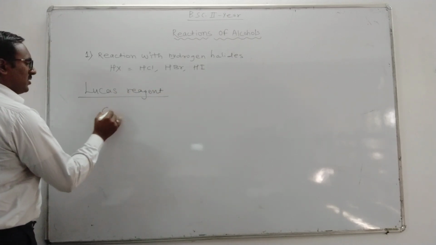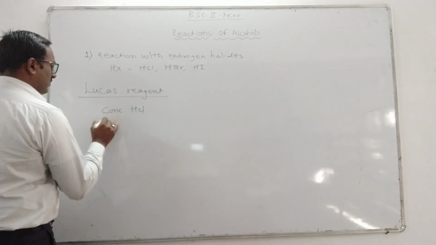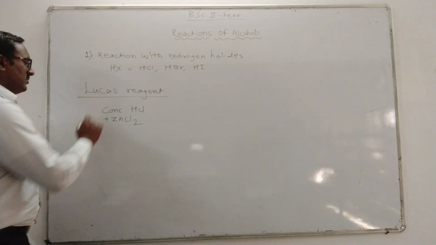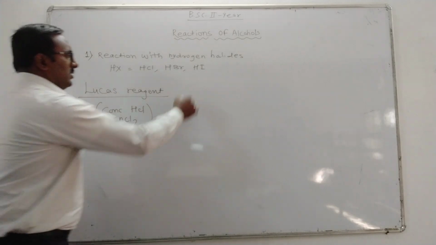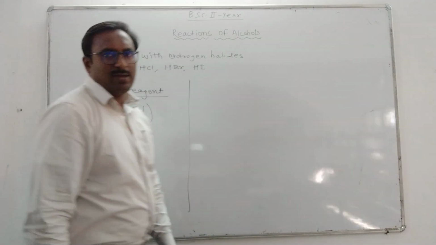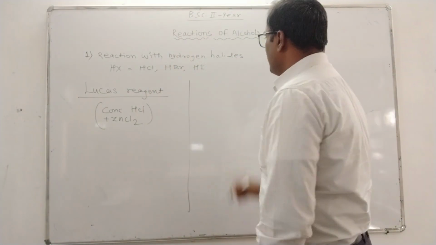Lucas reagent is concentrated HCl plus anhydrous ZnCl2. Our alcohol reacts with Lucas reagent to give alkyl halide, so we can observe different reactivity.